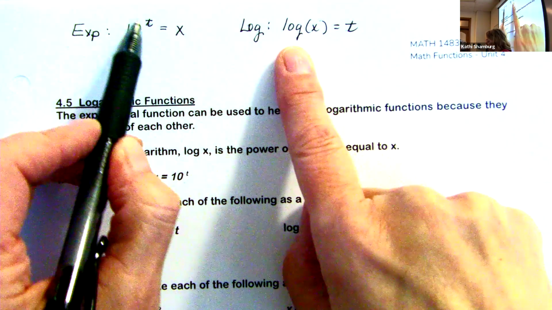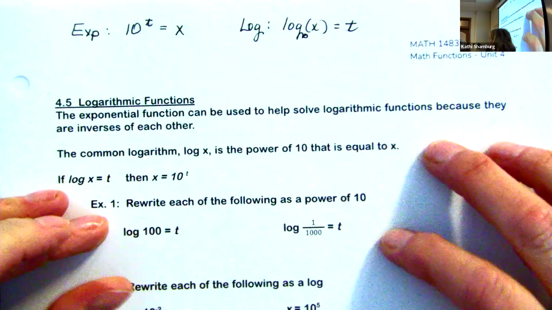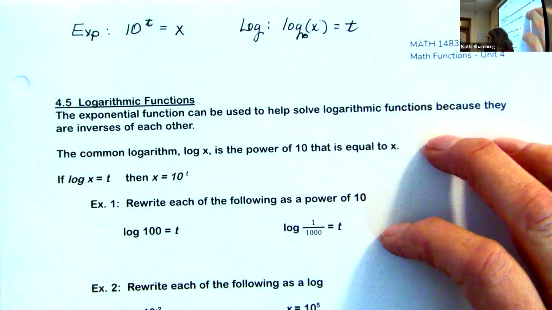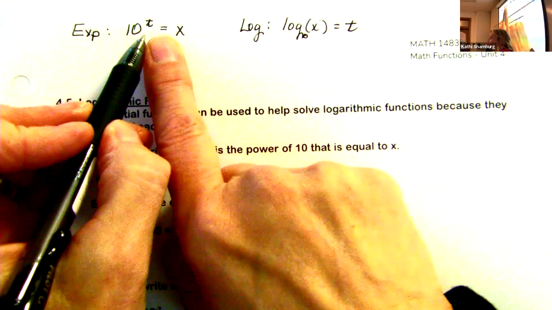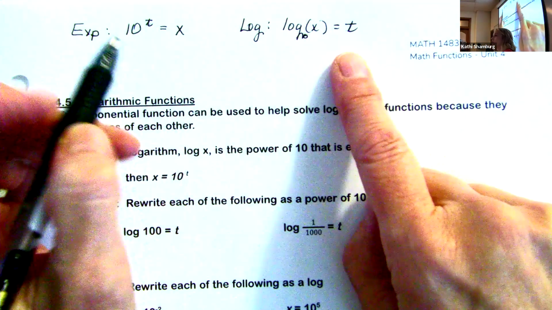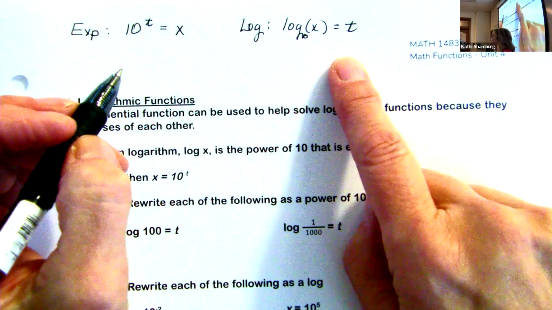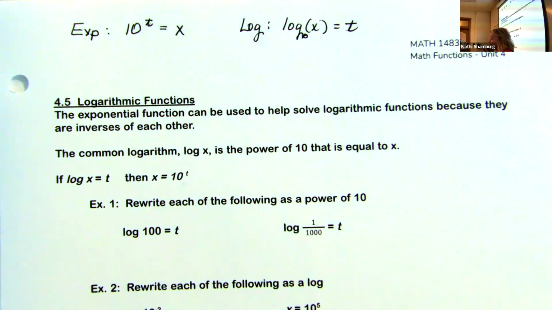So this 10 represents that this log is log base 10. Okay. All right. We know that t is the exponent, right? So when I look at its relationship over here, I go, oh, a log is always equal to an exponent. So those are some helpful things that are going to make us be able to write them back and forth from each other.